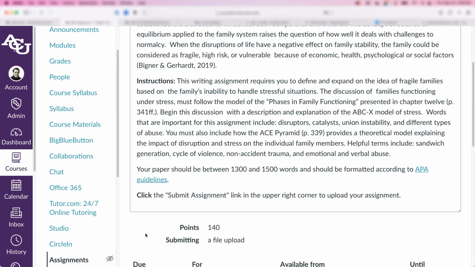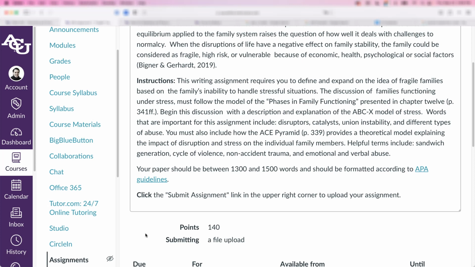This writing assignment requires you to define and expand on the idea of fragile families based on the family's inability to handle stressful situations. The discussion of families functioning under stress must follow the model of the phases in family functioning presented in Chapter 12. Let's pause there.